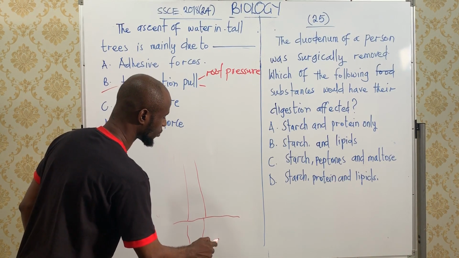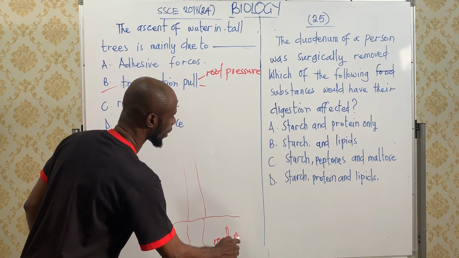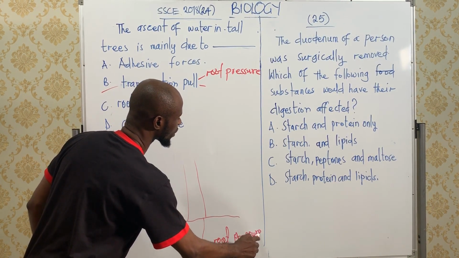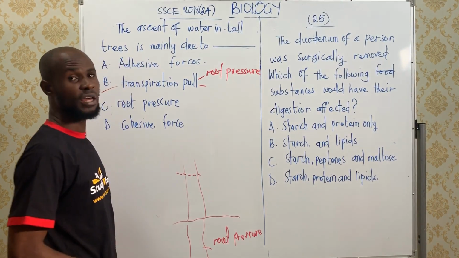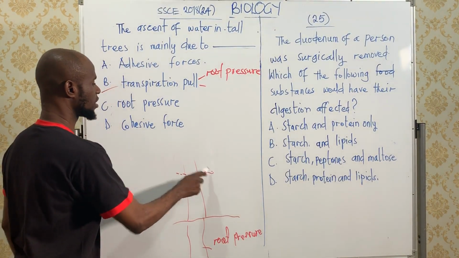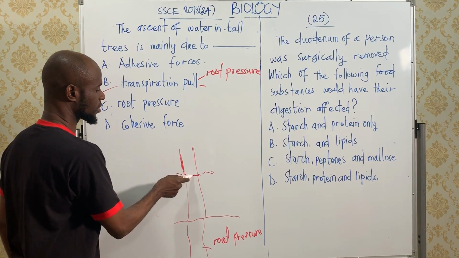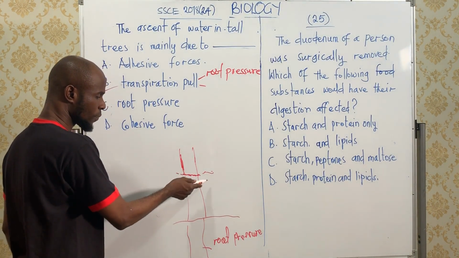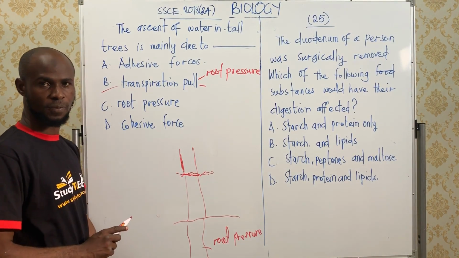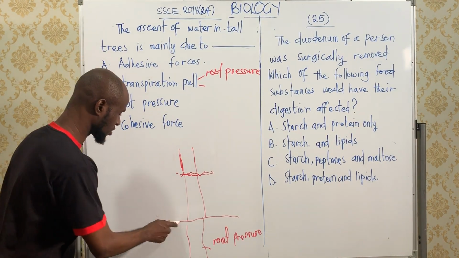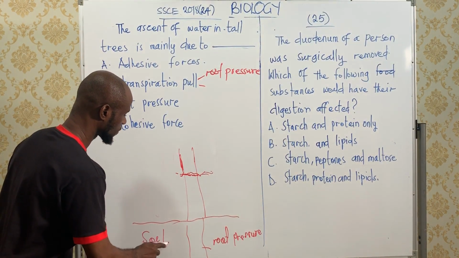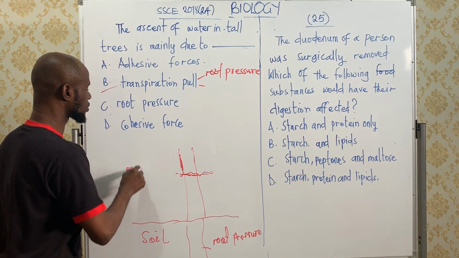Here we have the root pressure. The root pressure will only move the water to a certain level in the plant, a point above the soil. This is the soil. So we have the root pressure point.